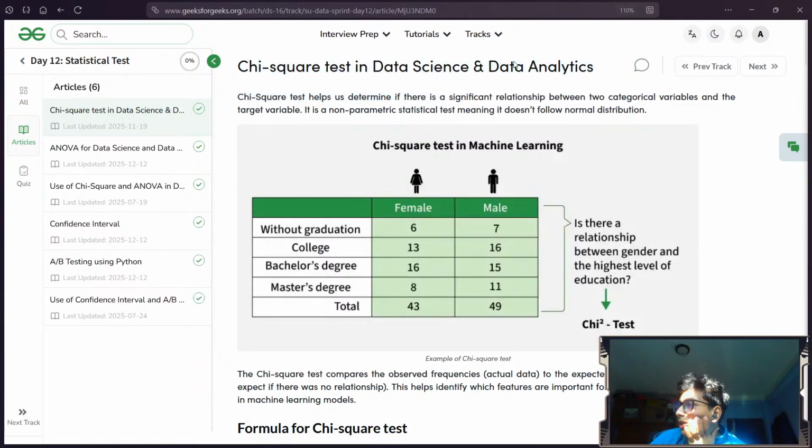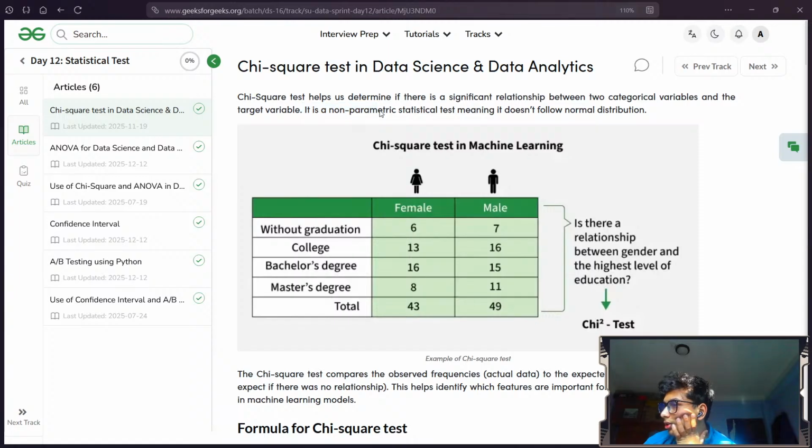Chi-square test in data science and data analytics. Chi-square test helps us determine if there is a significant relationship between two categorical variables and the target variable.